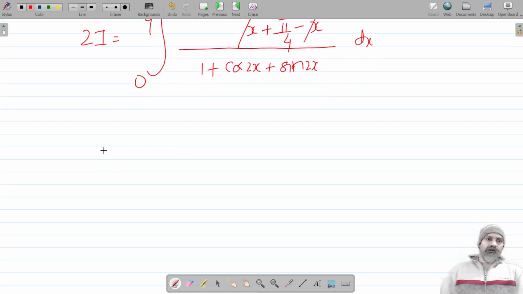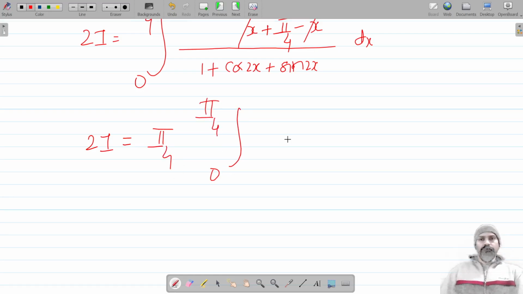This gets cancelled, and finally we have 2I is equal to pi by 4 out, 0 to pi by 4.